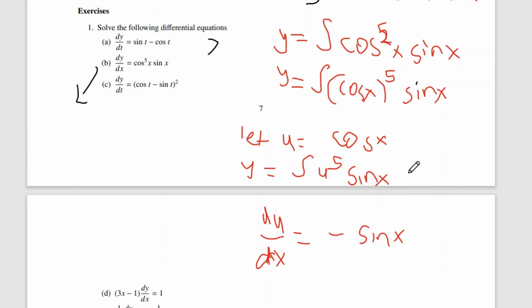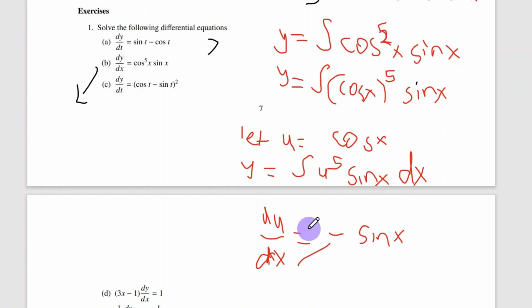But since here we were still having dx, we cannot, not ever on earth, integrate something that is u to the power 5 with respect to dx. Never. So we need to look for dx, and after looking for dx, we need to substitute where there is dx using whatever we have got here, right?